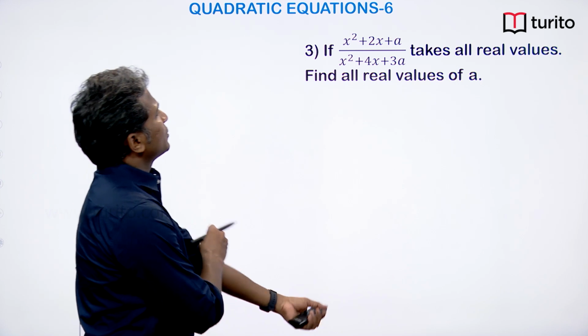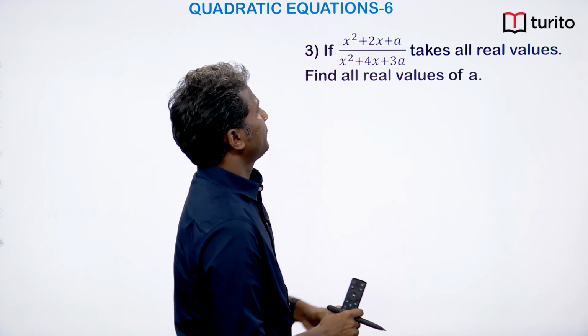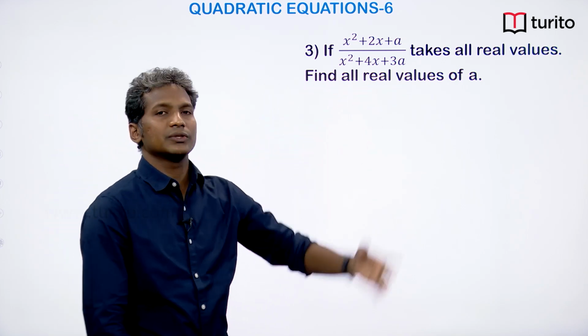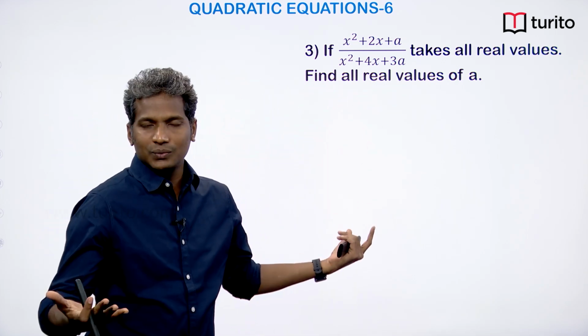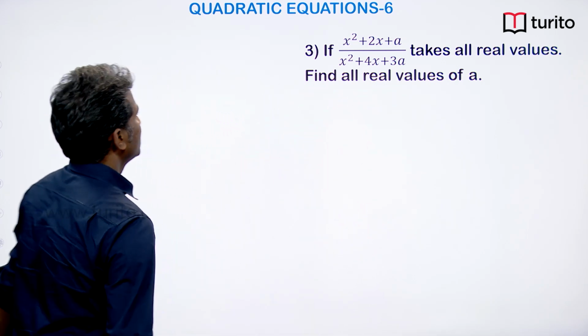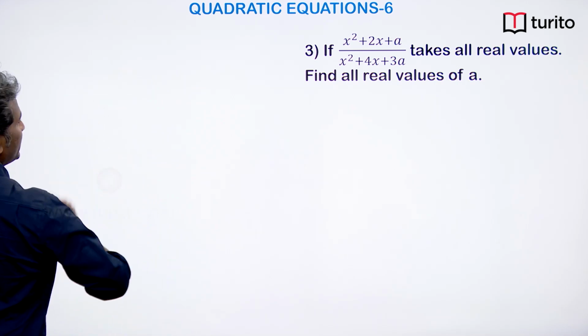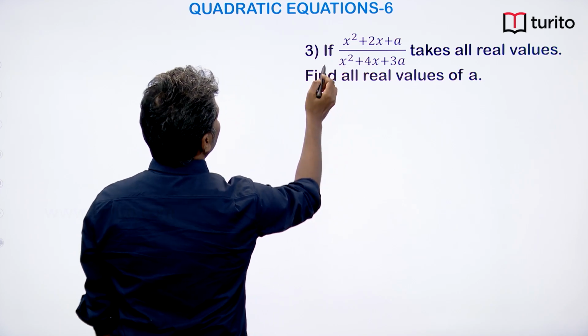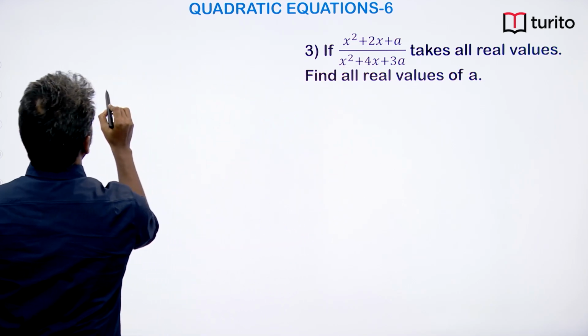Okay. So, this also is based on the same idea. Okay. So, this takes all real values, find the real values of a. So, what do we do? Same process. Okay. But here I will just speed up the process. So, we assume that this is equal to y, okay, and we simplify this.